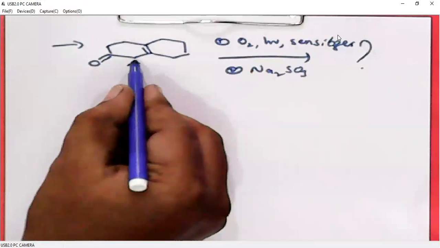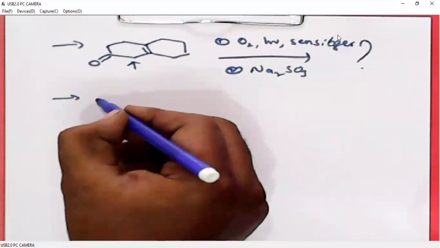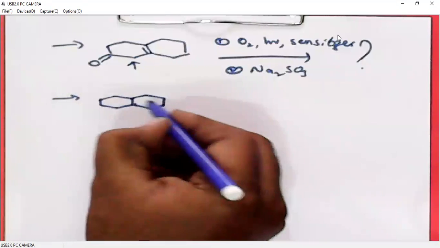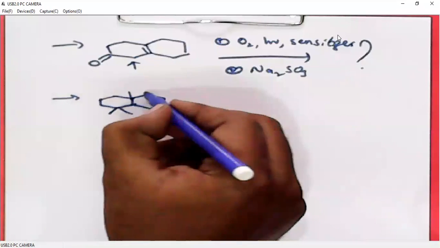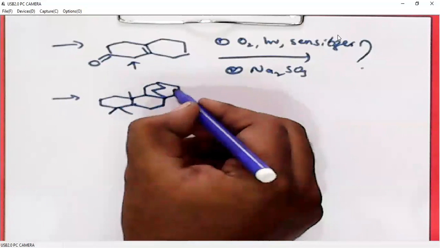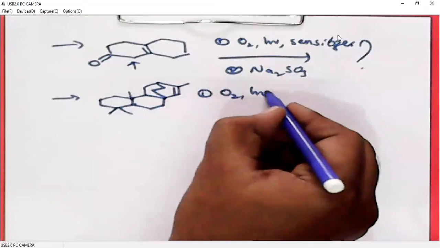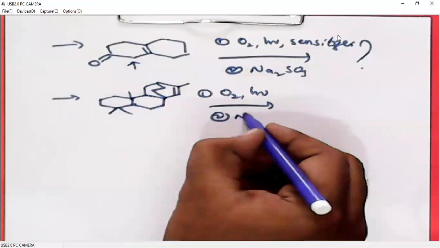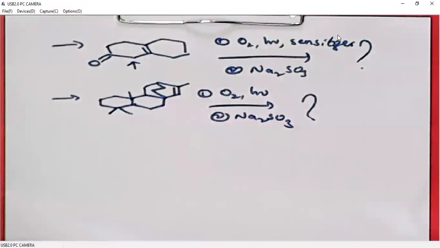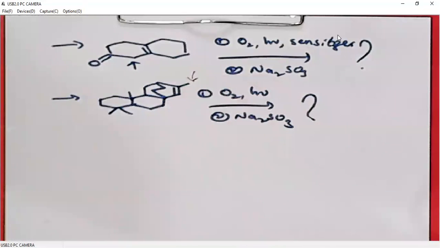So I'm indicating the allylic hydrogen here. And I'll indicate the allylic hydrogen here.